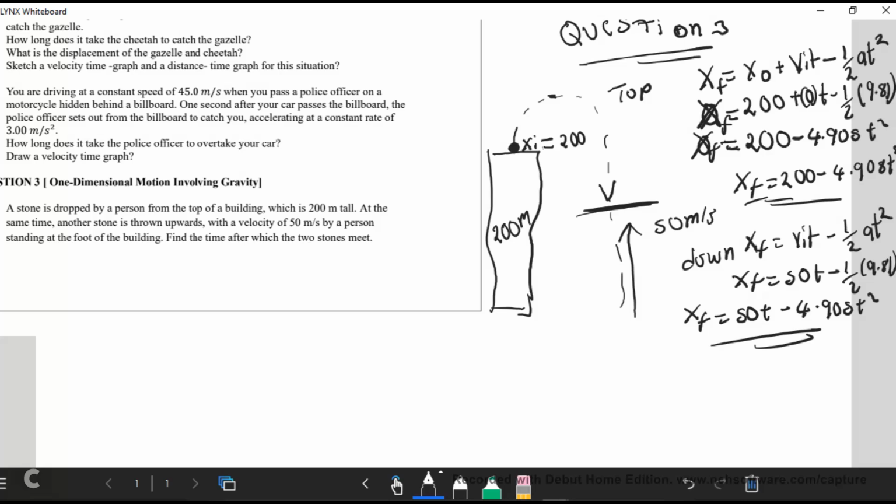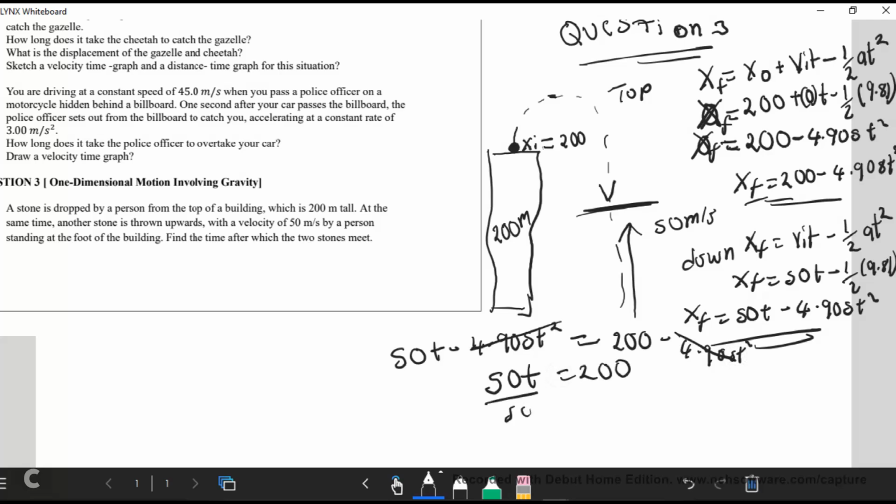Let's equate them. So 50t minus 4.905 t squared equals 200 minus 4.905 t squared, such that these terms cancel, and we have 50t is equal to 200. Divide both sides by 50, and t is equal to 4 seconds.